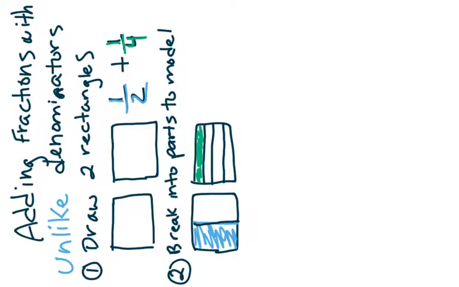We're going to say partition the first box vertically. And then we're going to partition the second box horizontally.